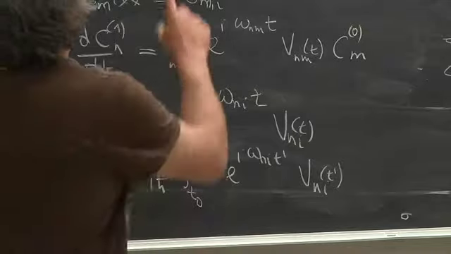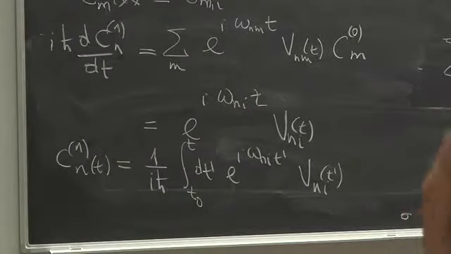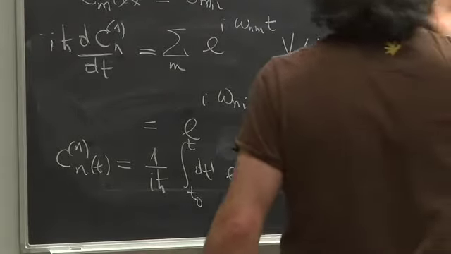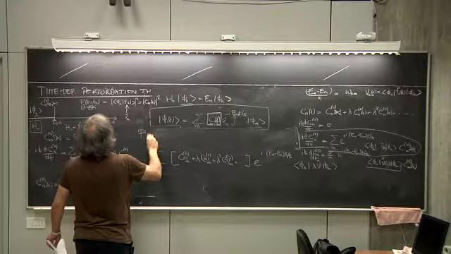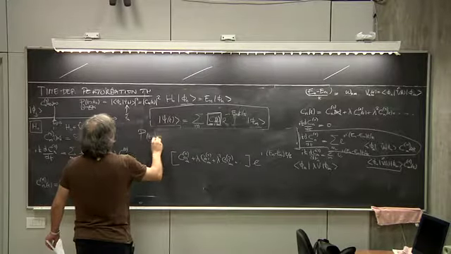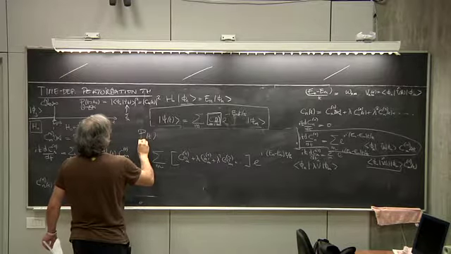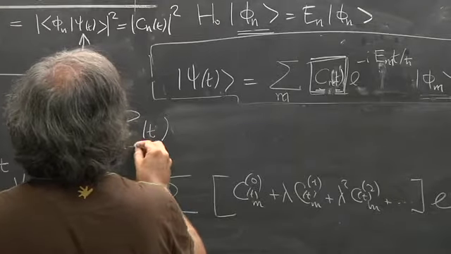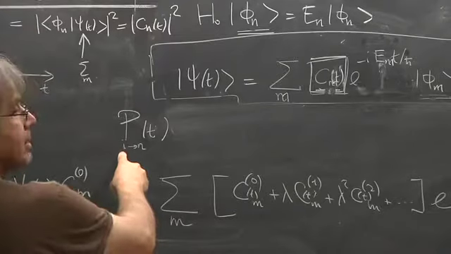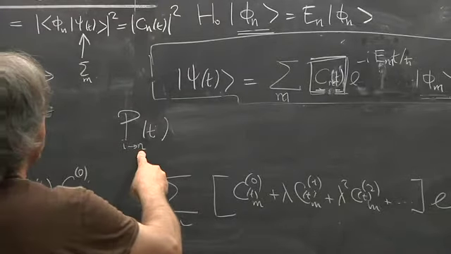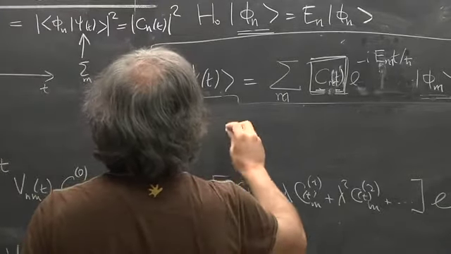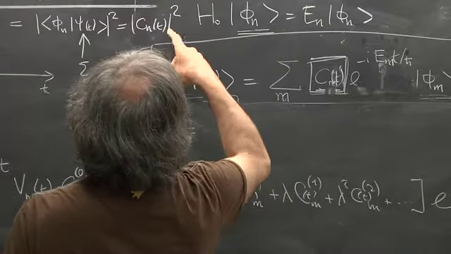So the probability that at time t I am in a certain eigenstate n, if I know that I started from i, so I write this as P_i to n, would be equal, in general, to Cn modulo square.